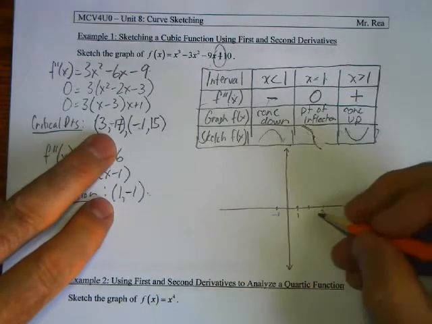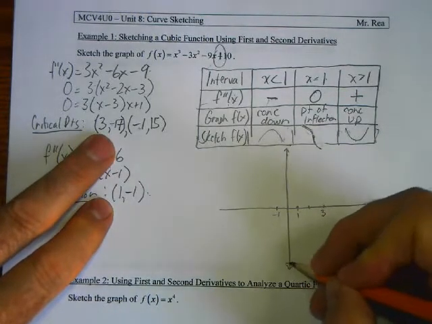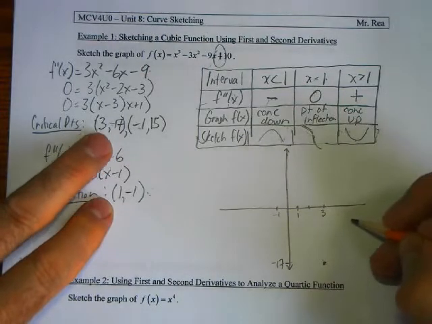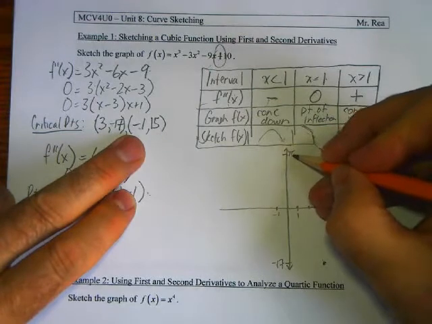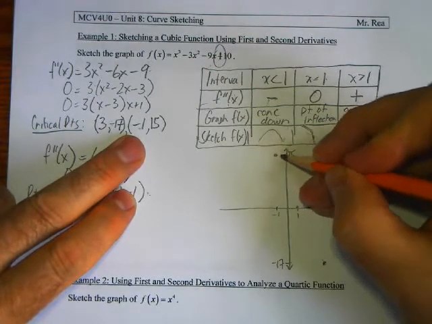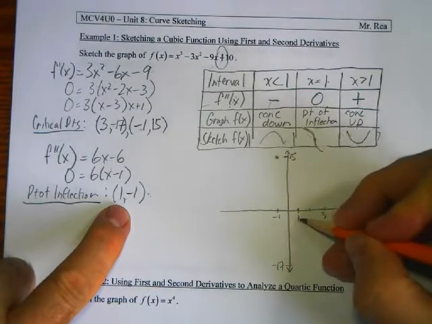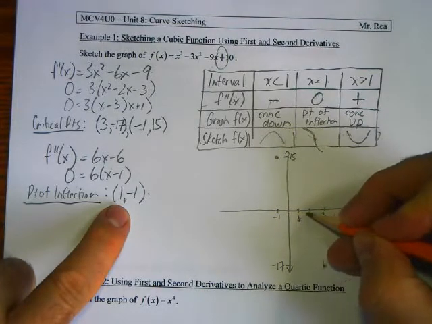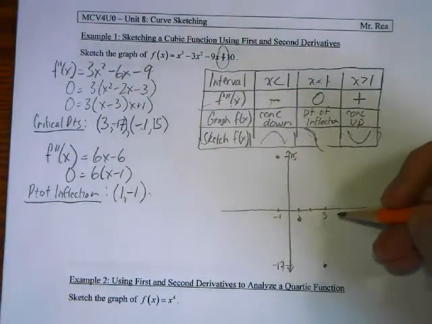So I've got (3, -17), so way down here is a point. And I've got (-1, 15), so way up here. And then the point of inflection at (1, -1) will be about here.